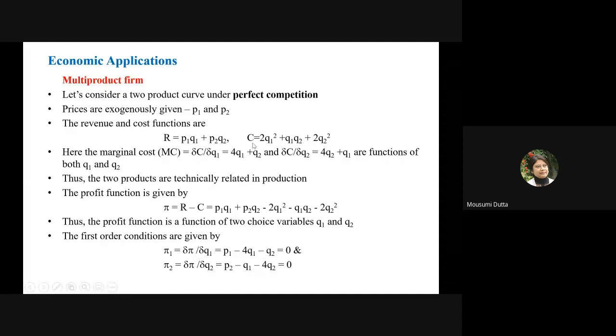We can take the derivative of C with respect to Q1, considering Q2 to be a constant, and that becomes 4Q1 plus Q2. In a similar fashion, we can derive del C by del Q2, change in cost due to change in 1 unit production of sunglass, say. That is again 4Q2 plus Q1.